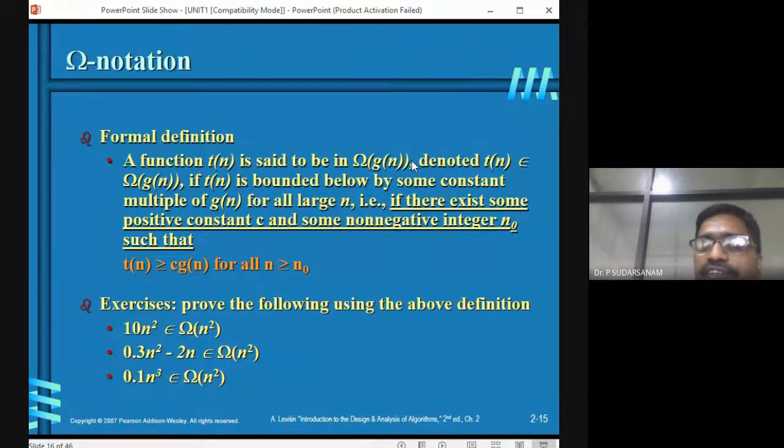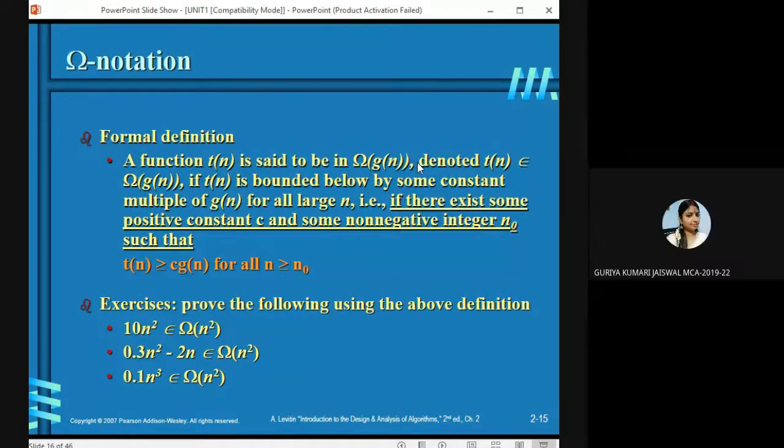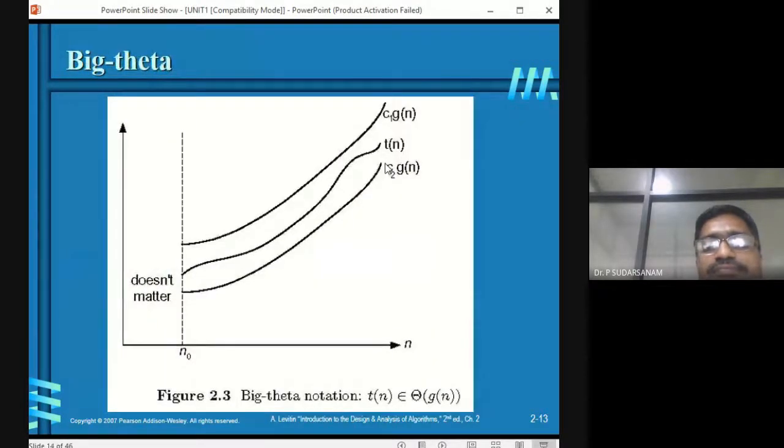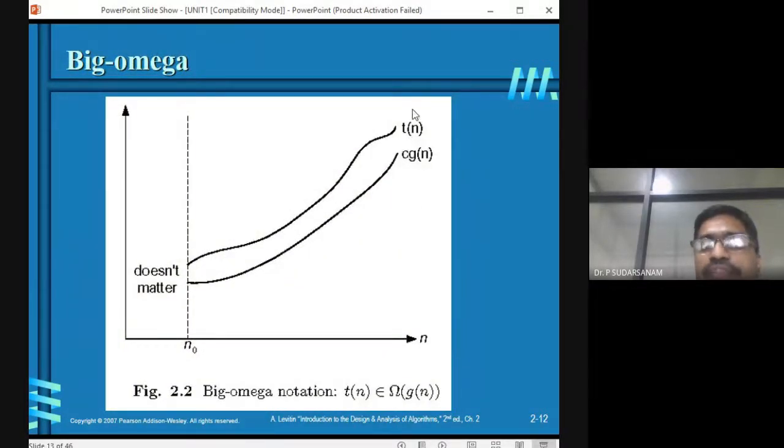Up to here, any doubt? That is denoted by T of n belongs to omega of g of n. So here you see, T of n belongs to c into g of n.